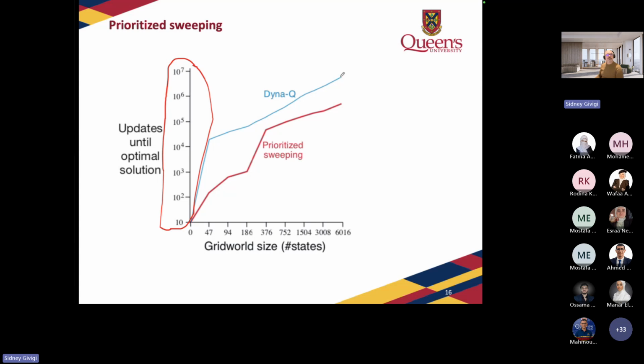You're talking about a difference of, let's say here, almost 10 to the power of 7 to something that is one order of magnitude lower. So this is big, okay? This is very, very big. And this is something that we can take advantage of, so we can speed up learning by doing this.